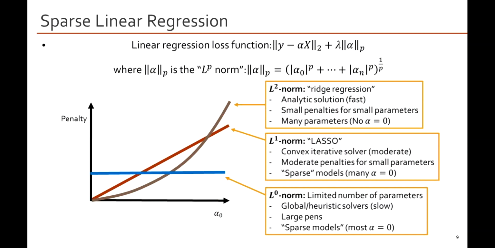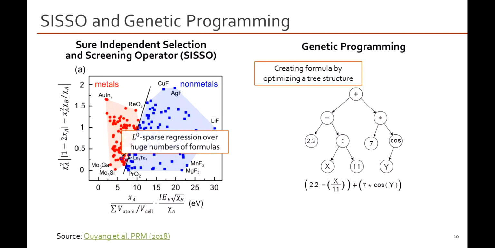So what you end up having to do is use global optimization or heuristic-based techniques, which can be very slow. So if you want to train one of these models, you can get something that's very simple. It's got a lot of terms that are set to 0 that you can ignore when understanding the physics, but there's a large cost to being able to train one. But this is something that has a lot of benefits behind it.